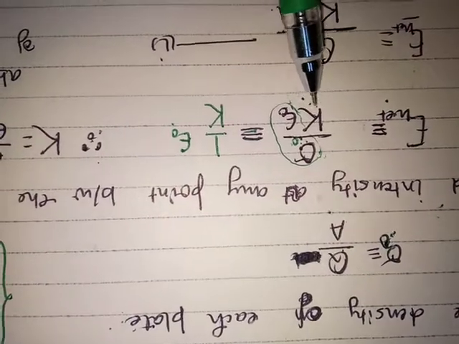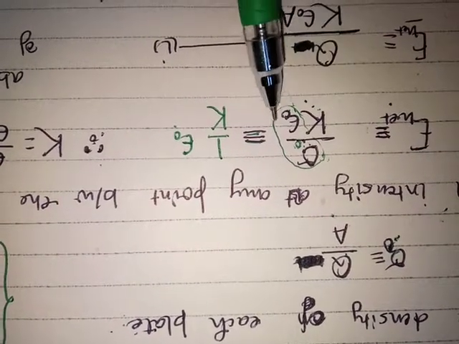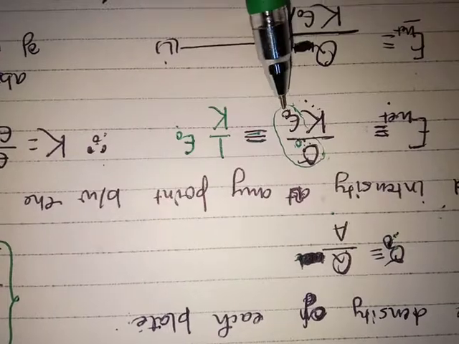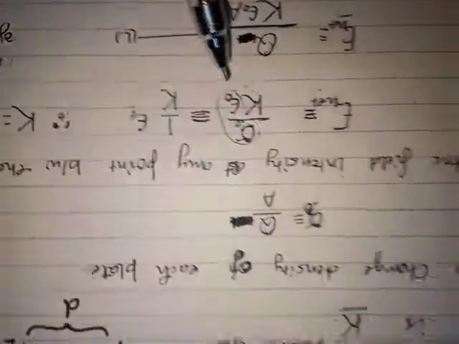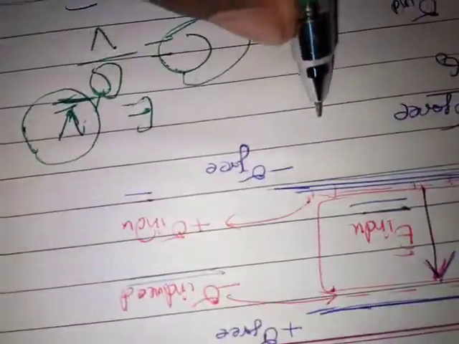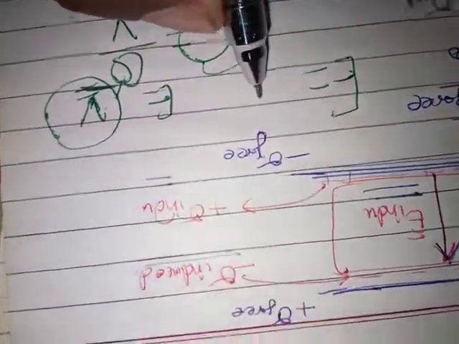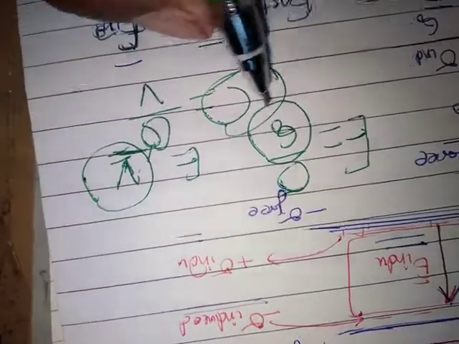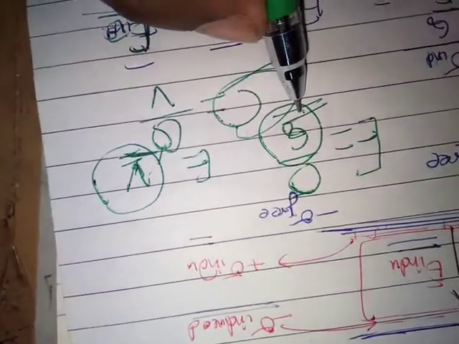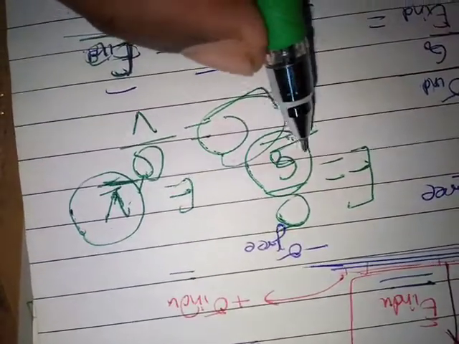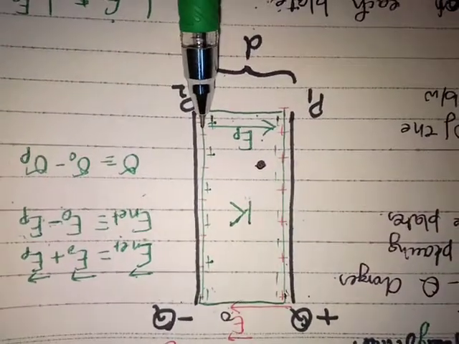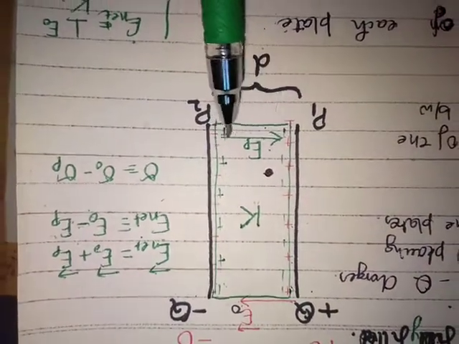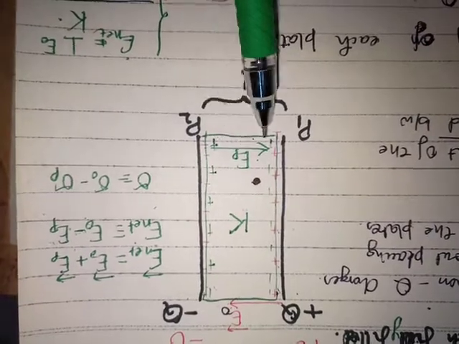This expression K into epsilon naught I discussed in the class. We know that the electric field between this region is equal to sigma upon epsilon naught, where epsilon naught is the electric permittivity of free space. But this time there is not free space. This is the dielectric material placed between these two regions.